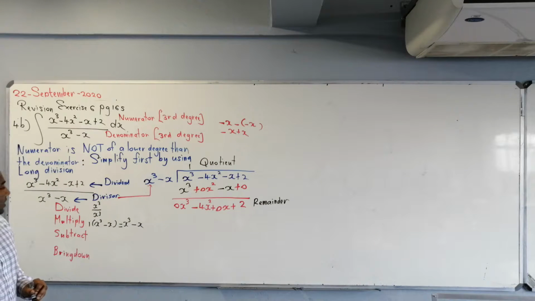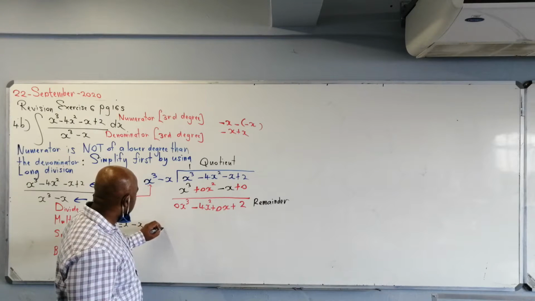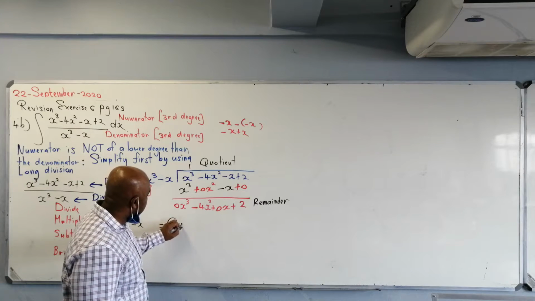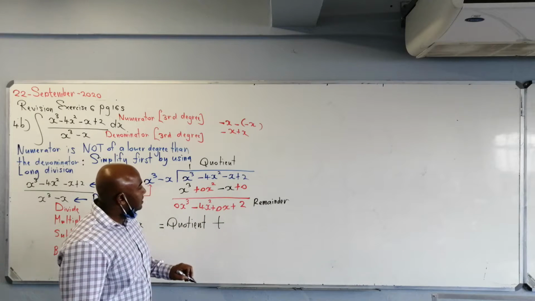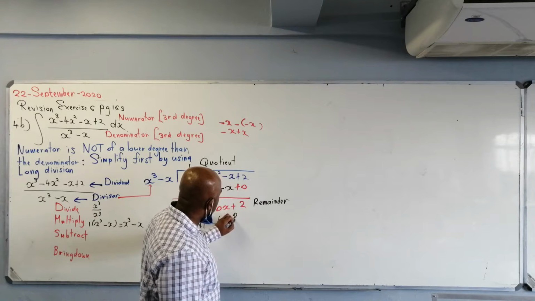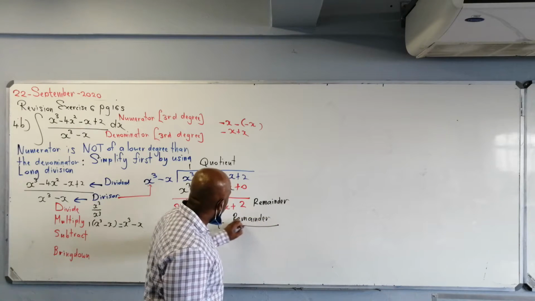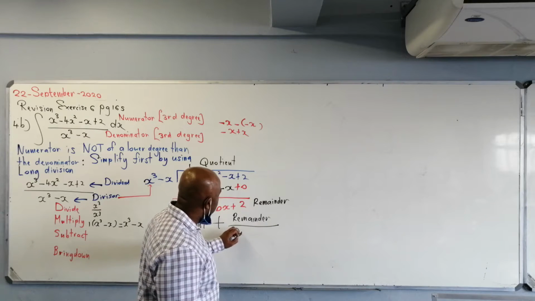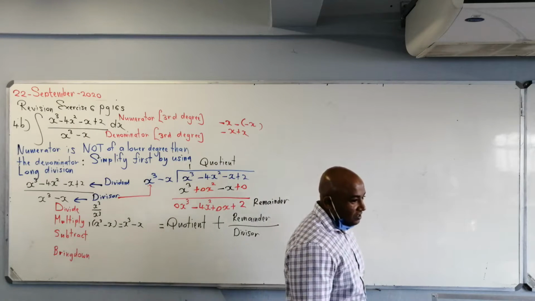So what we're going to do now is write down our quotient plus the remainder all over the divisor. That's how you're going to write down your answer.